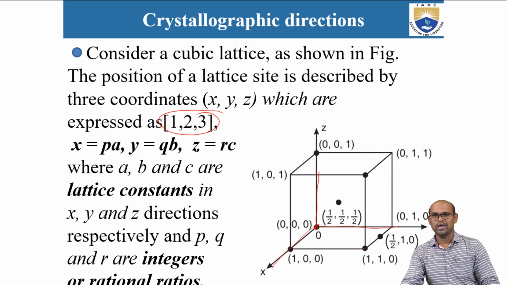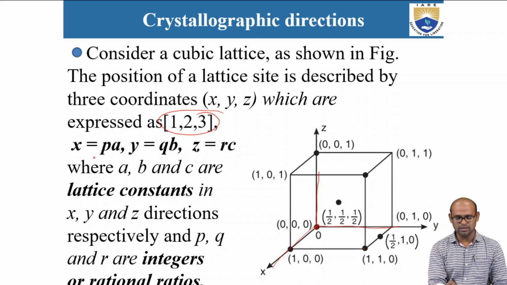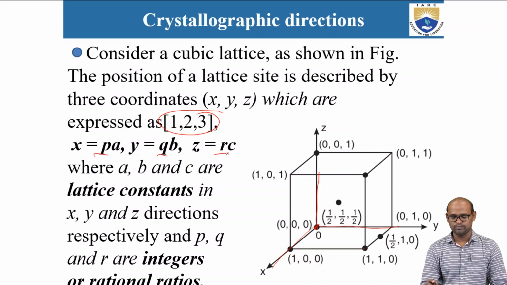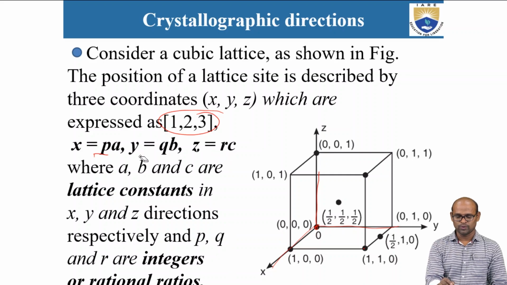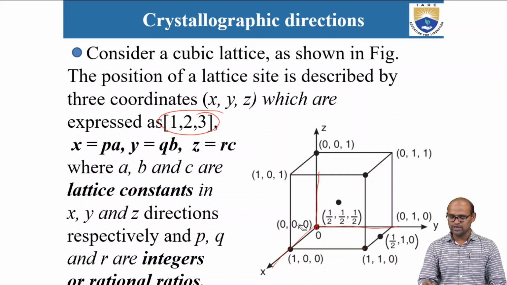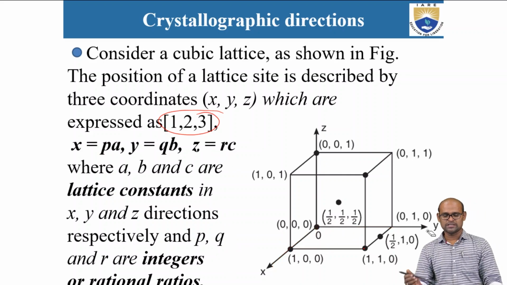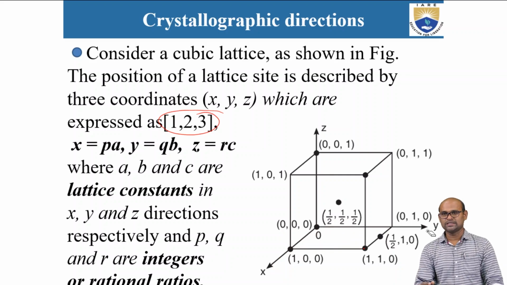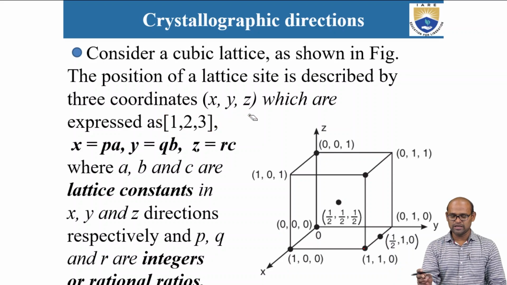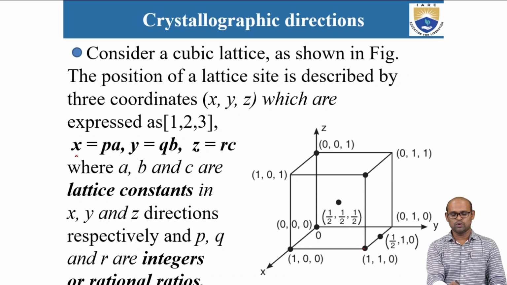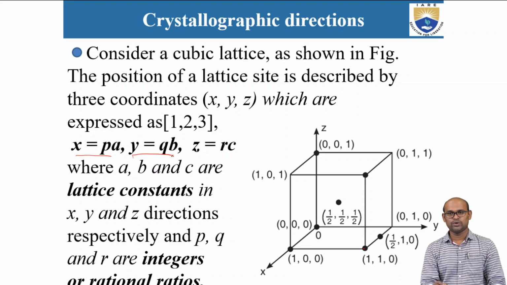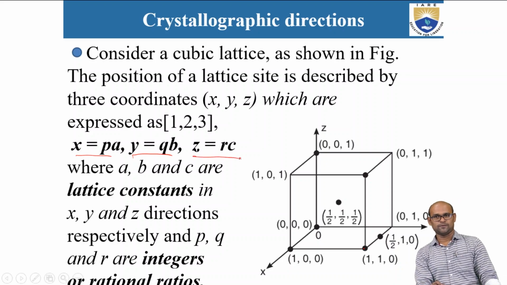So the position of each lattice site in a unit cell can be described by 3 coordinates x, y, z, written as x equal to PA, y equal to QB, and z equal to RC.